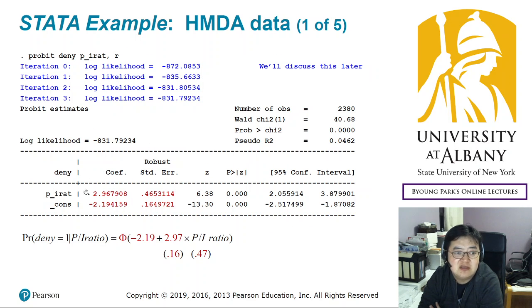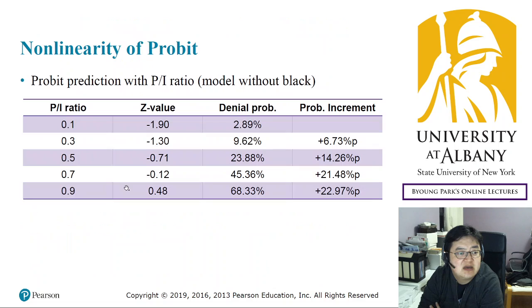I copied these numbers and, using only the PI ratio, let's predict. I considered 5 different PI ratios: 10%, 30%, 50%, 70%, 90%. First I calculated their z-value, the score, using the estimated coefficients.